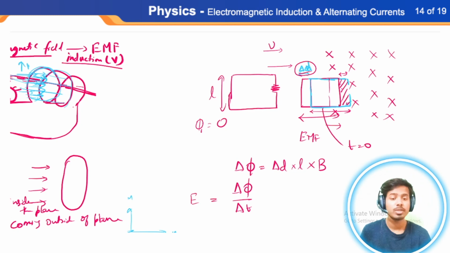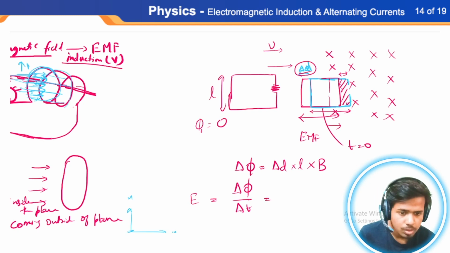I'm not bothered about the sign over here because we will get that from Lenz's law. So delta d into L into B divided by delta t.